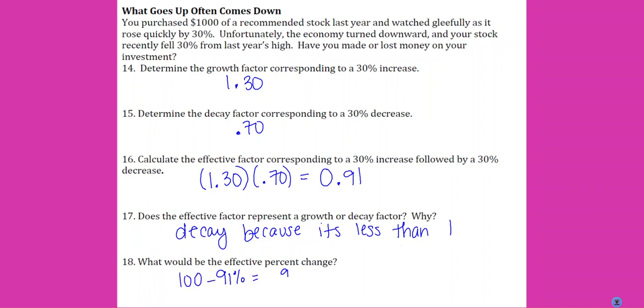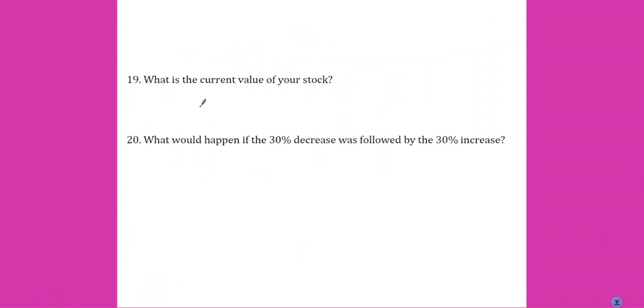Subtract that from 100, we'd have a 9% loss. So what's the current value of our stock? We started with $1,000. Our effective decay factor is 0.91. So now our stock is down to $910.